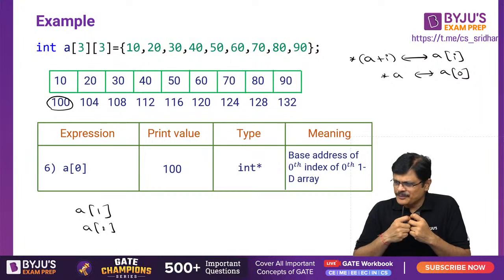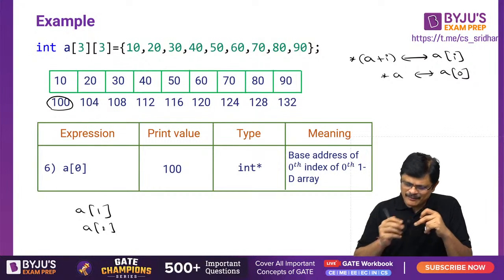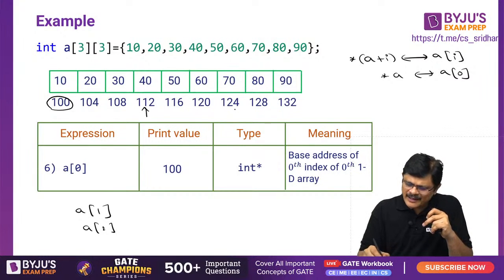A[1] is 112, and very good, 112 and 124.